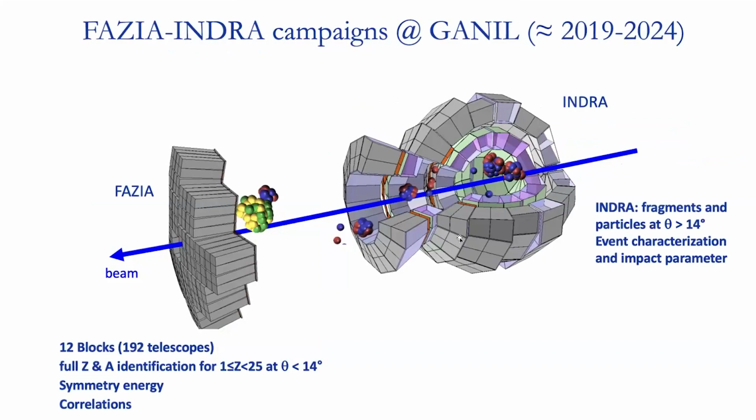They have properties that can measure the N over Z of these fragments very well. Now, if you have the breakup of the system into many particles, all of them are detected. So you are not losing events, and you don't need this B-rho scanning. In 2 or 3 days of beam time, you can measure what you would measure with a magnetic spectrometer in 1 month. So it's a very efficient detector.